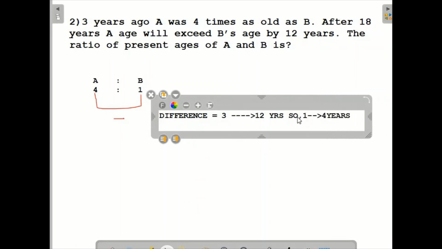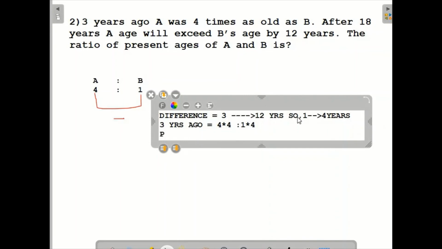So 3 years ago, 4 into 4 is to 1 into 4.